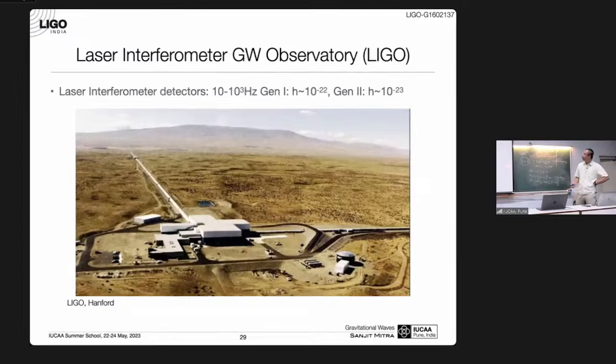Okay, so this is the LIGO detector. This arm is 4 kilometers. Now, why is this arm 4 kilometers? Why is it so long? If you look at this formula, this H is what you are trying to measure or detect. That's the physical signal. It's extremely small, like 10 to the minus 22 and so on.